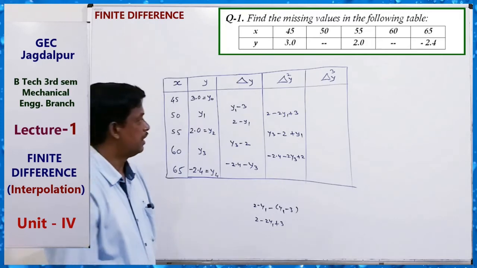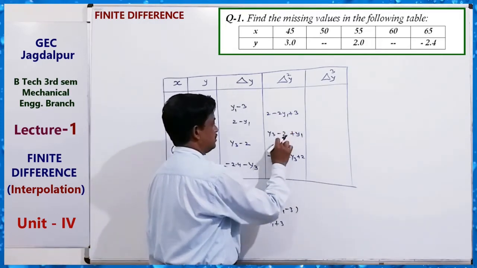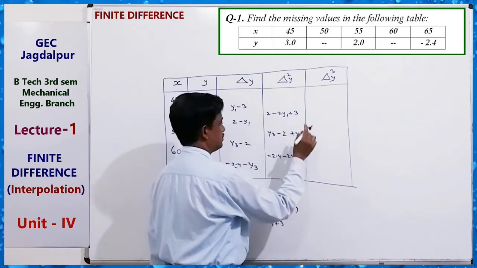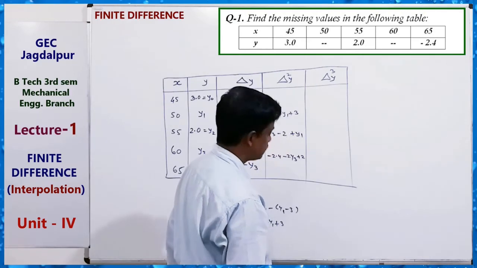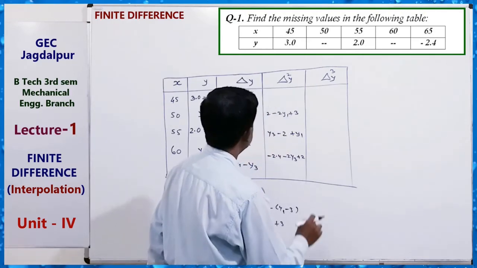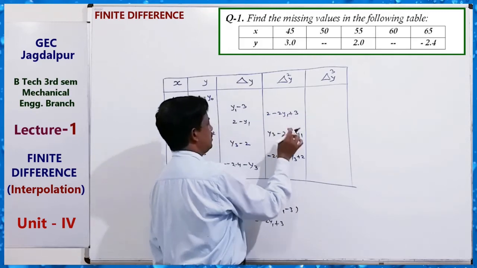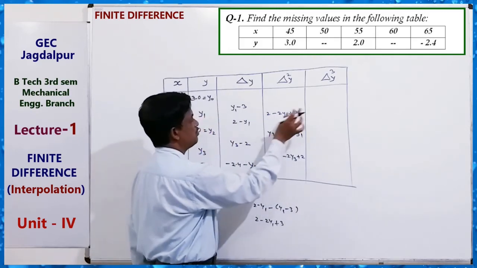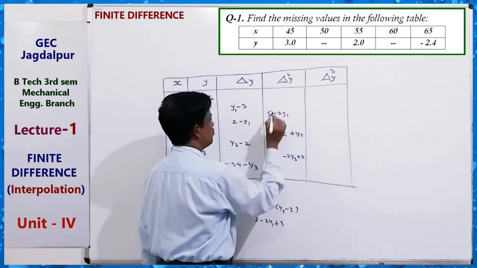Clear? The other can be written as 5 minus 2y1.